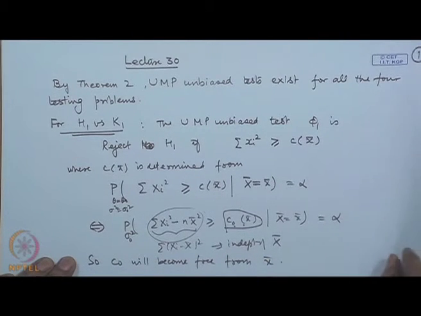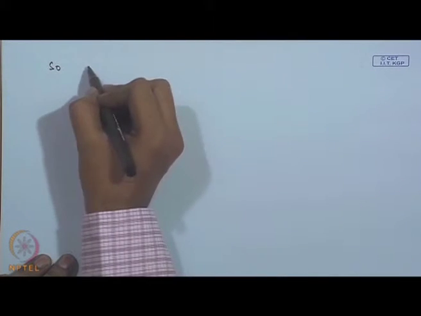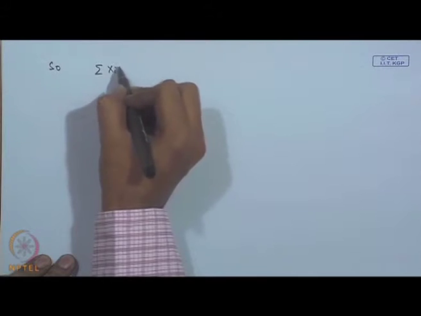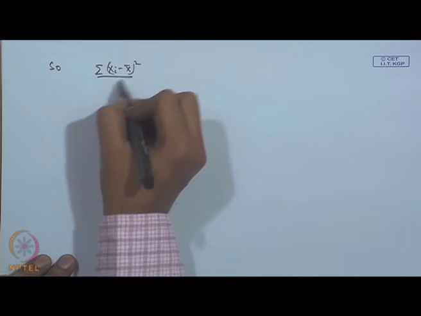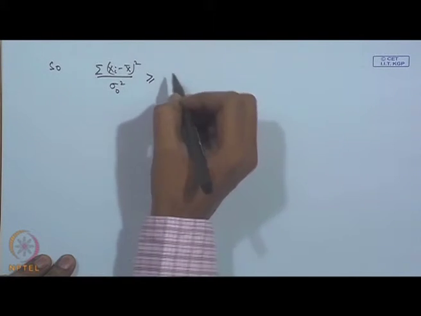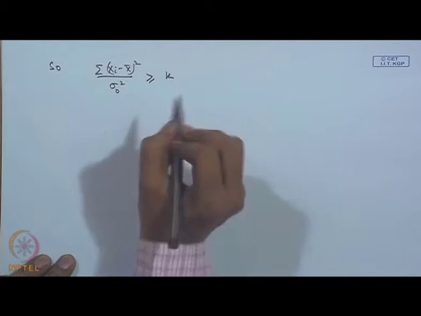Now, this is what we had required here. So, we can say sigma (x i minus x bar) whole square by sigma naught square is greater than or equal to say k.